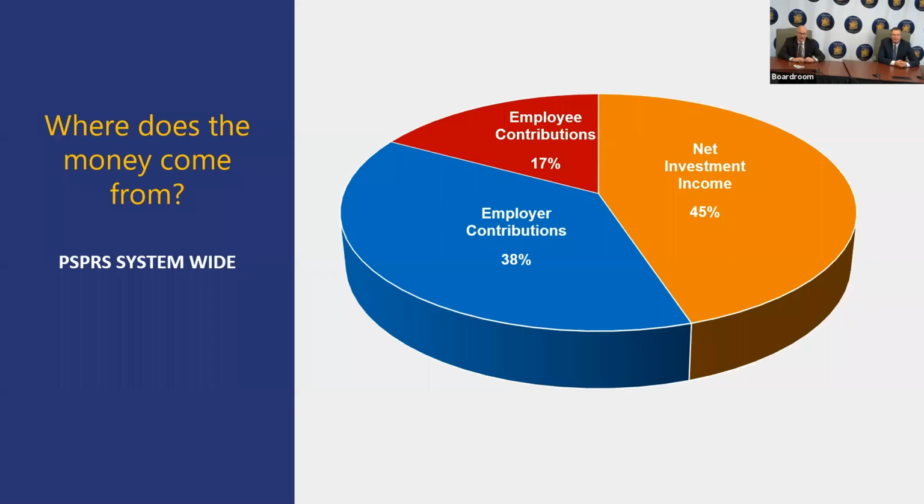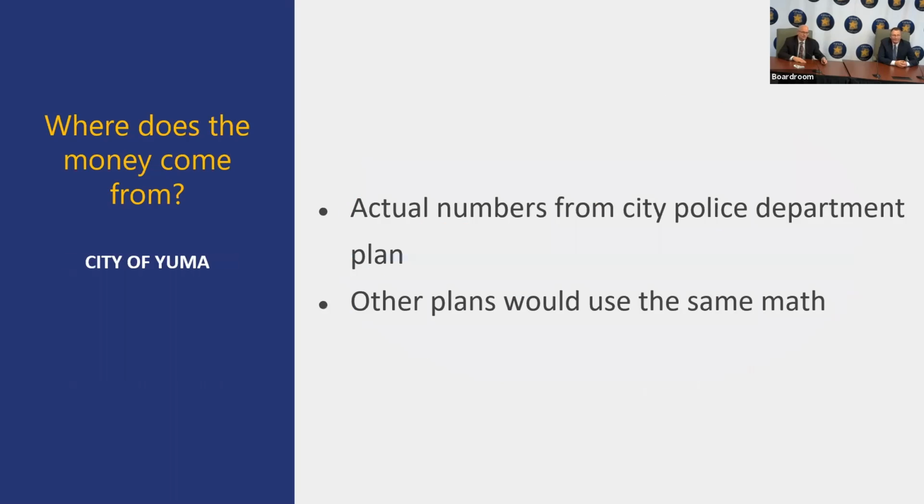This is on the aggregate, looking system-wide. And so you can see on an annual basis where the cash coming into the plan comes from: 45% from investment income and 55% coming from the contributions. Obviously, we want to grow the net investment income opportunity to be as much of this pie as we can.